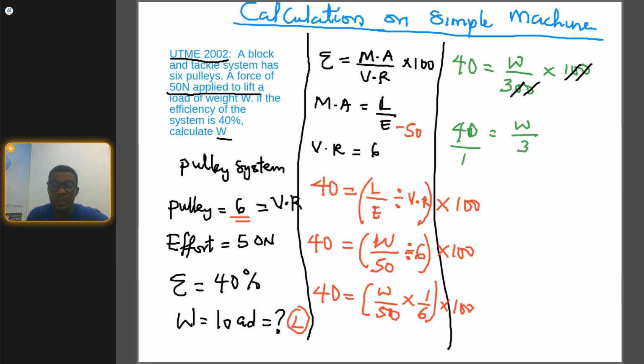By cross multiplication, we have 1 multiplied by W equals to 40 multiplied by 3. 1 multiplied by W is W equals to 40 times 3 is 120.